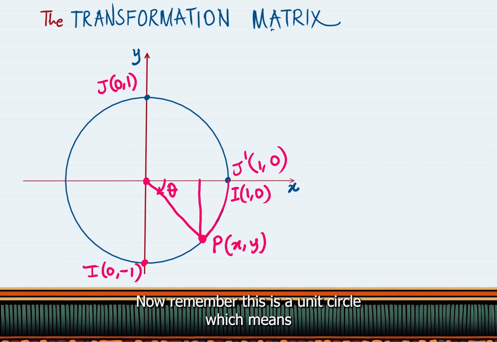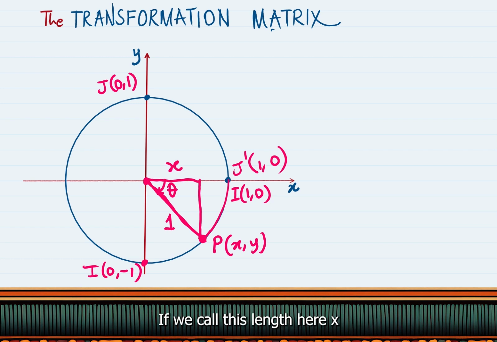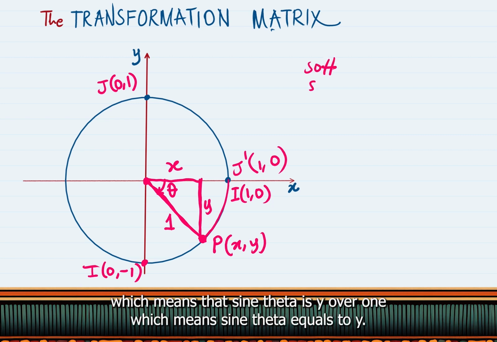Now remember, this is a unit circle, which means this particular length here is just 1 unit. If we call this length here x, and we call this one here y, we can begin to look for what x and y would represent. So obviously, y is opposite the angle, so we use sine, which means that sine theta is y over 1, which means sine theta equals y.